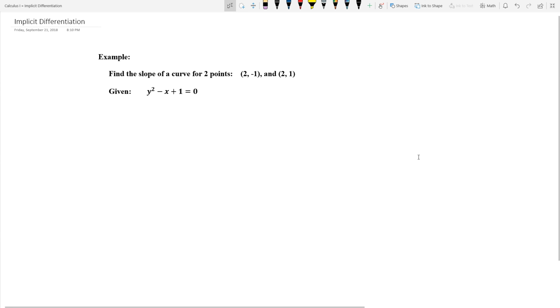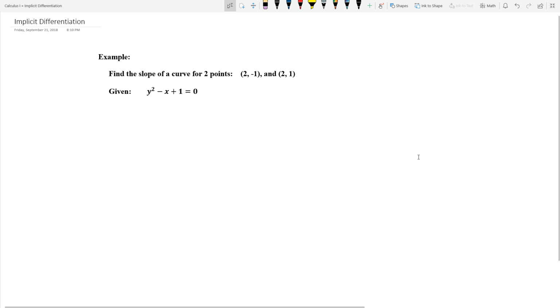So for this implicit differentiation, we have the question, find the slope of a curve for 2 points. And the reason that it can ask that we find the slope of a curve for 2 points is that in implicit differentiation, we will often find that we have more than one solution.